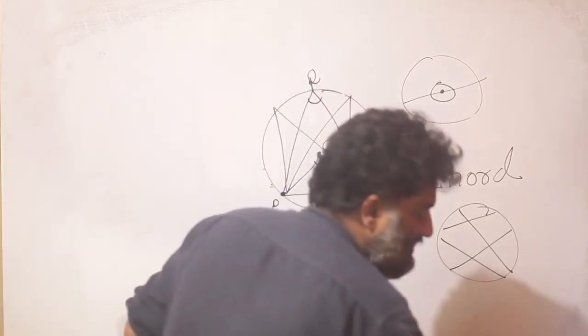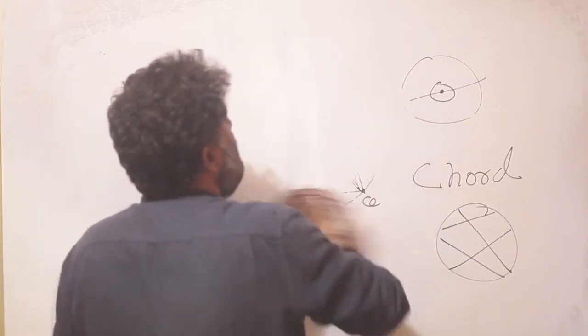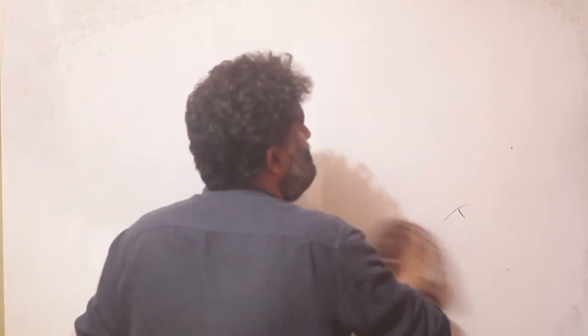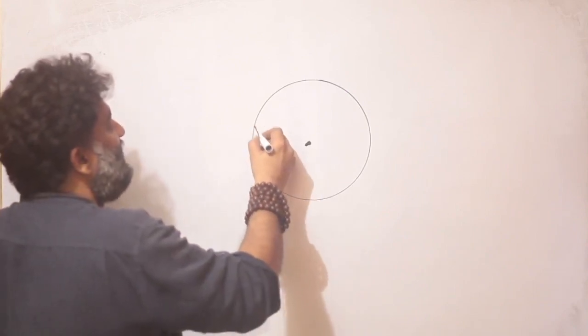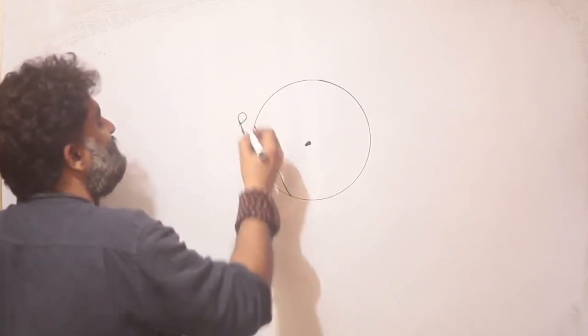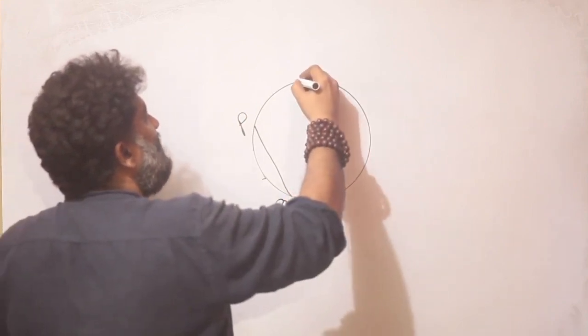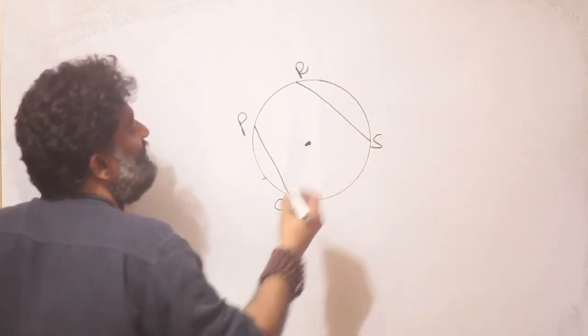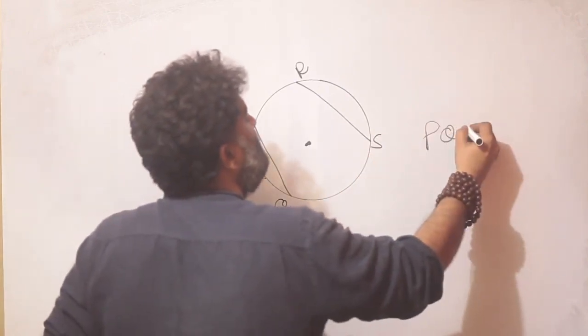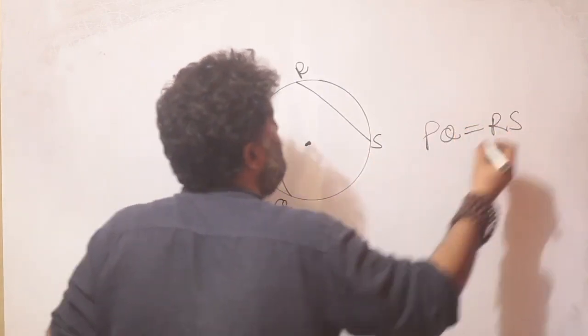For example, let's create one more circle and look at what happens when two chords are equal. So say this is the circle given to me and I give you two chords in the circle, P and Q, and I also tell you that there is an R and S. The only information given to you is that PQ is equal to RS.